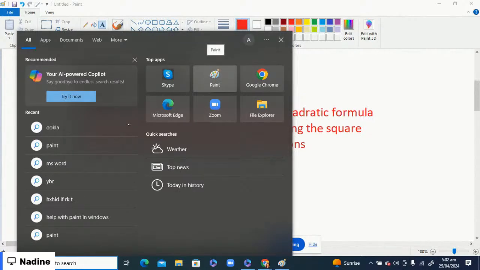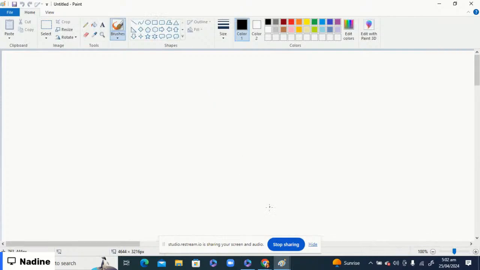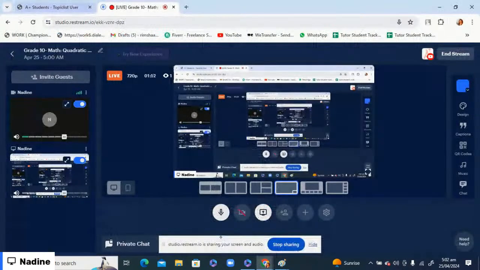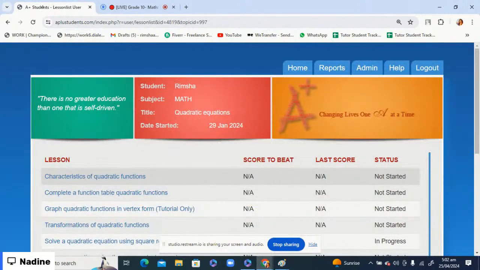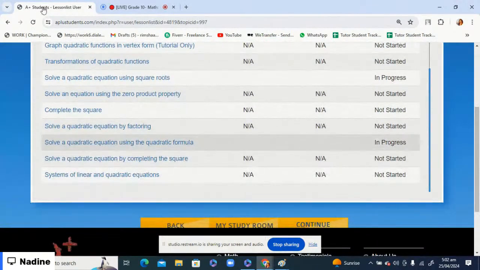So the first one today, let me open it. This is the quadratic equation, grade 10 maths. And here is our lesson.